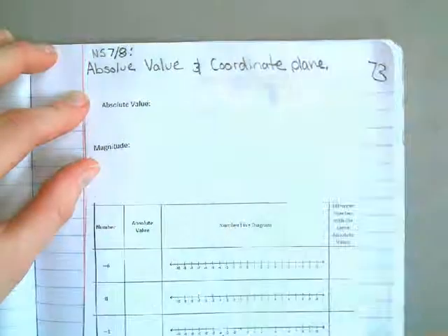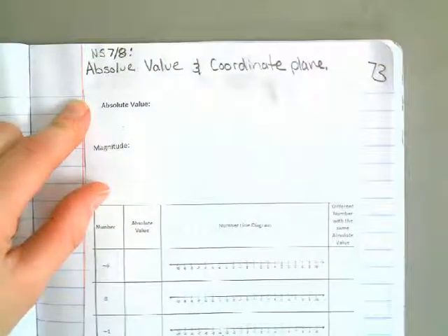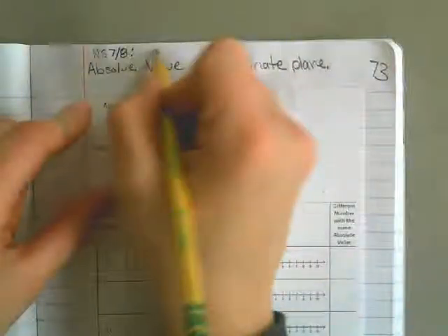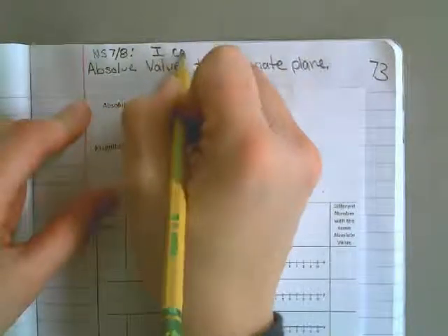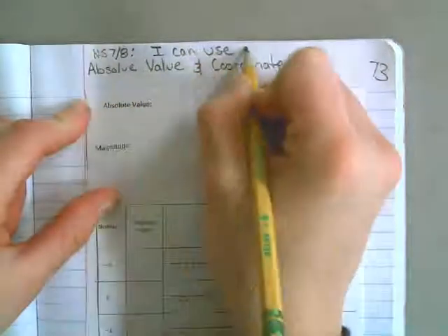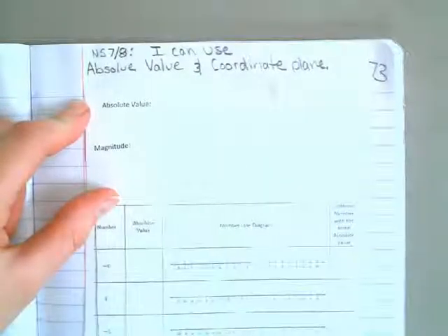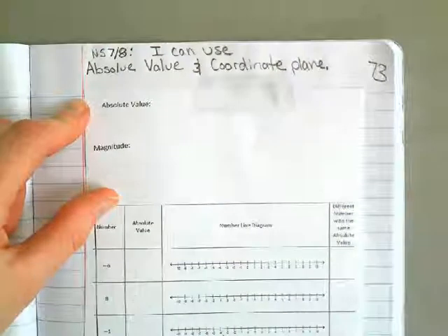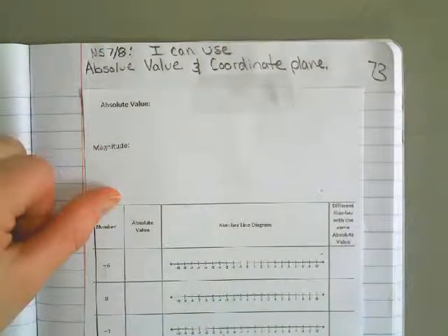Okay? So, let's go ahead and put: I can use absolute value and coordinate plane. Okay? So, we need to talk about some definitions of some things.